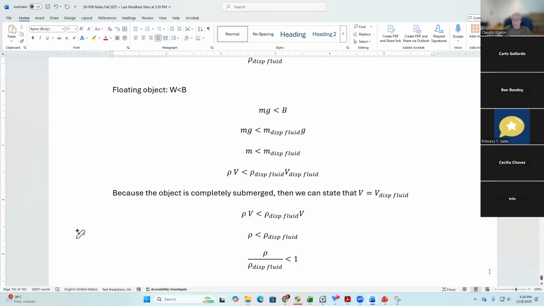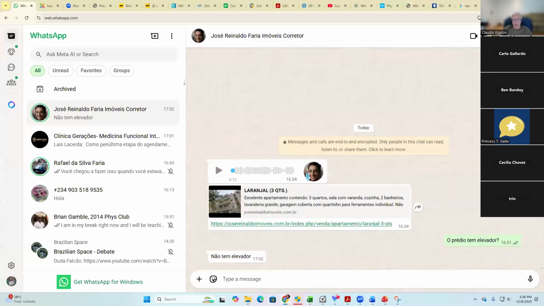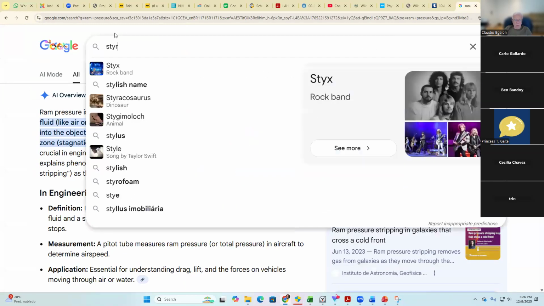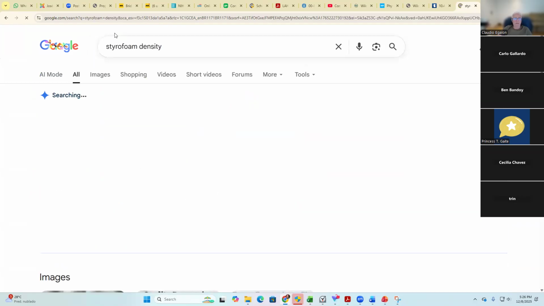Styrofoam, for instance, has a density smaller than the density of water. Let's take a look at Google: styrofoam density.